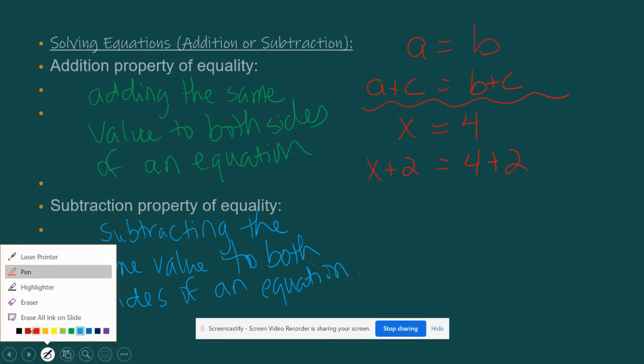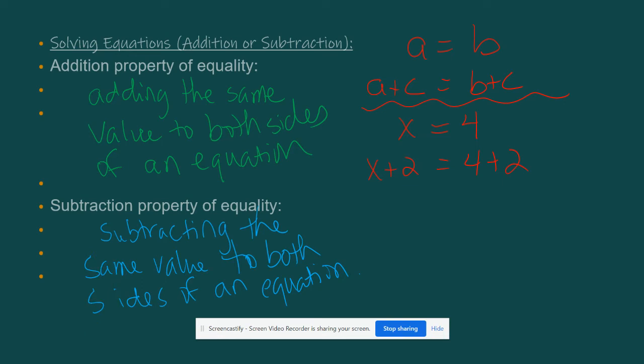Again, in the algebra way, if we subtract C on both sides, then they're still equal. Or if we have R is equal to 7, then R minus 2 is the same as 7 minus 2.